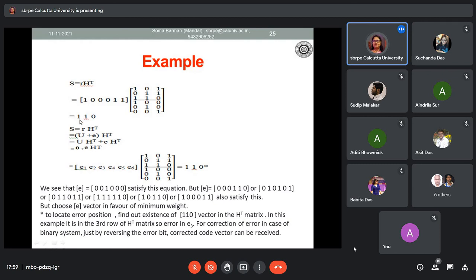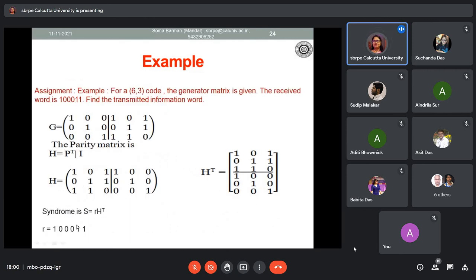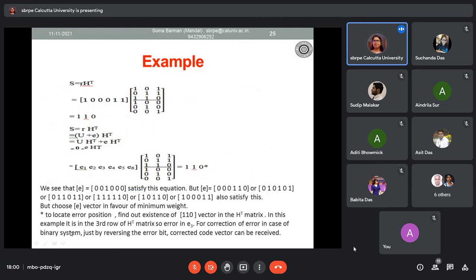So the syndrome is 110. Now is 110 the location of the error bit? You have to find which row of this matrix gives 110. 110 is the third row, isn't it? So if you flip the third received bit, this one, it will be corrected.